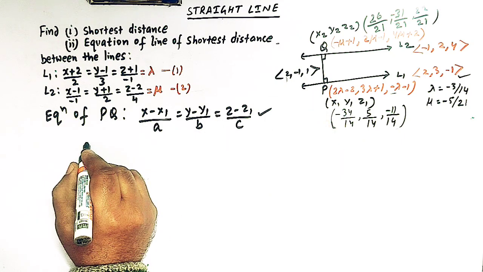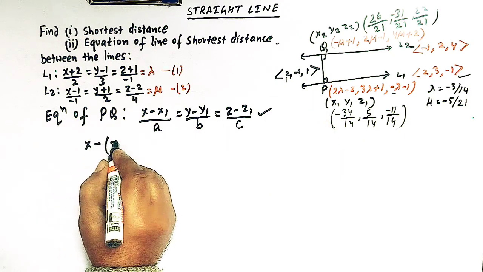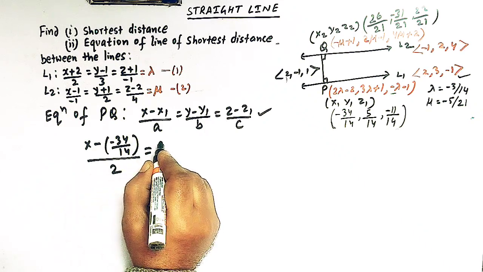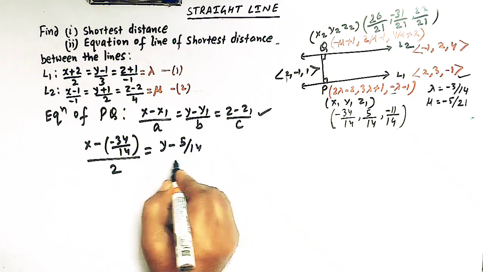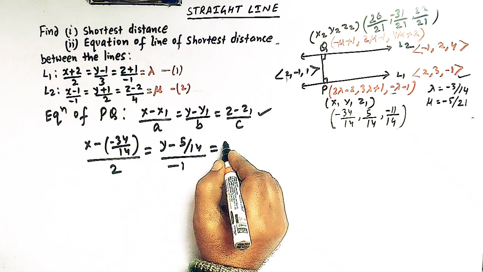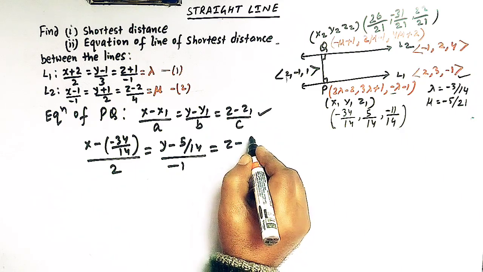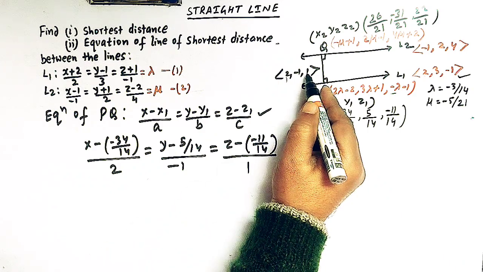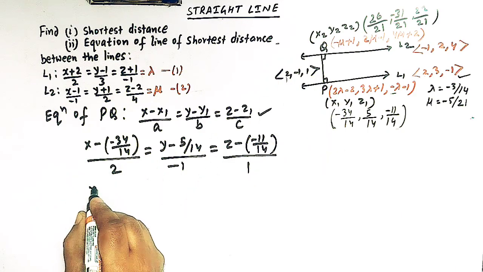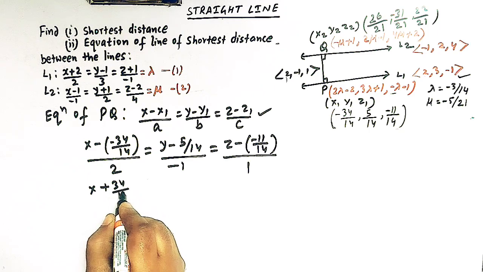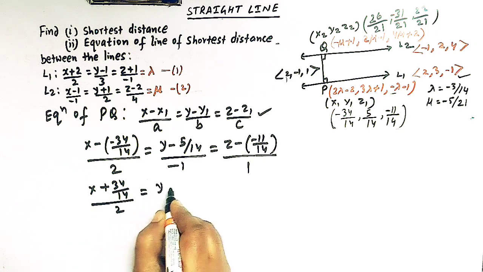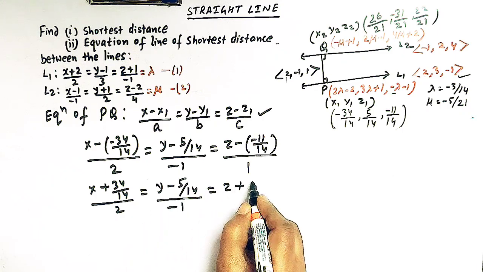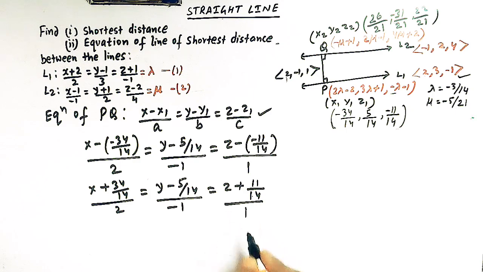So we have the equation of PQ as (x minus (minus 34/14))/2, then (y minus 5/14)/(minus 1), and then (z minus (minus 11/14))/1, right? Okay, so simplifying, we have (x plus 34/14)/2, then (y minus 5/14)/(minus 1), and (z plus 11/14)/1.